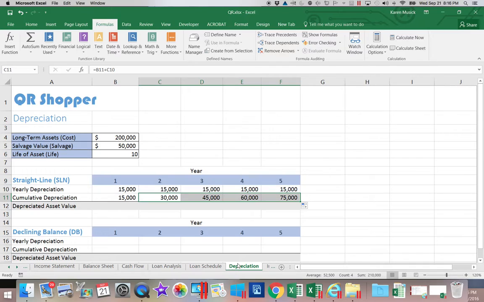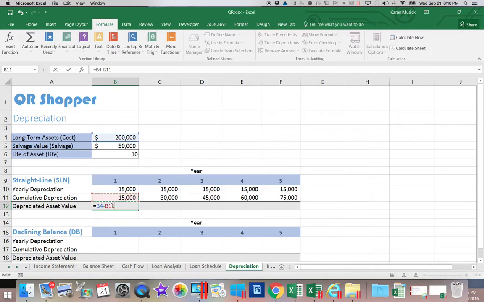And then finally the depreciated value. And what this formula is, I'm going to start out with the cost of my asset. I'm going to subtract the cumulative depreciation. Now I am going to copy this.